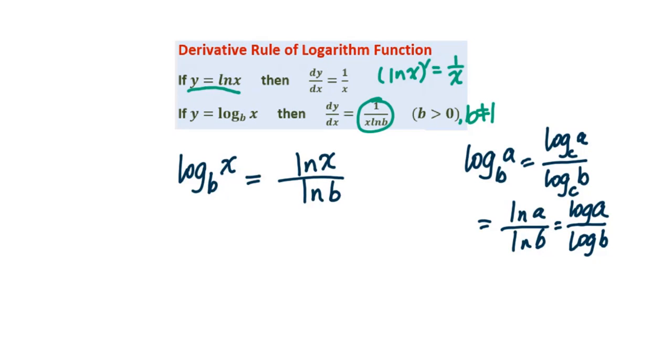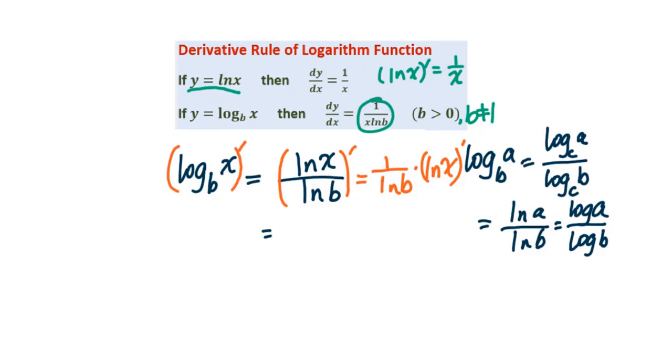Therefore, when you do the derivative to this log function, you will count natural log of b as the coefficient. You will get 1 over natural log of b times natural log of x, do the derivative.